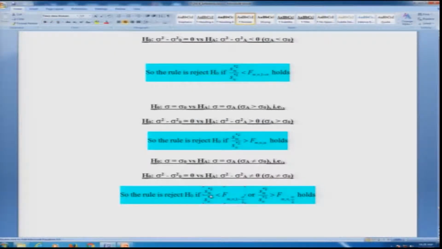In the first case, the variance ratio of sample 1 and sample 2, corresponding to population 1 and population 2, is less than F m comma n, 1 minus alpha by 2, and in the other case it will be greater than F m comma n comma alpha by 2.